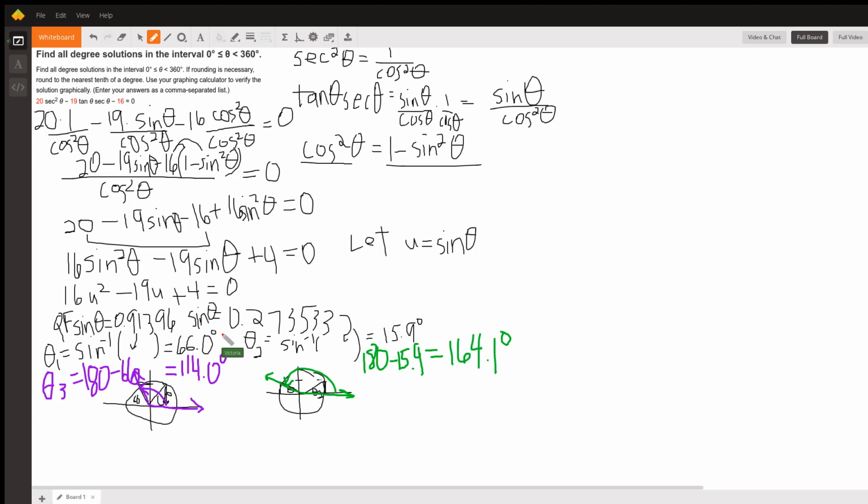So there are four answers between 0 and 2 pi. These are two of them, and these are the other two. And you can check it if you graph this.